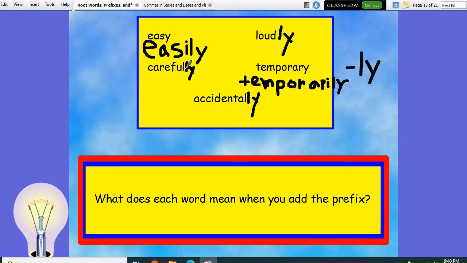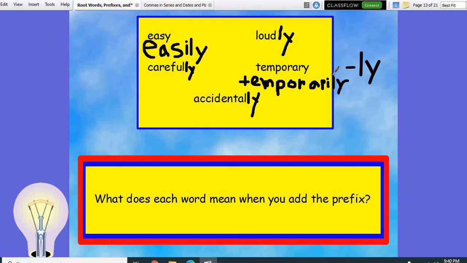Very good. Loudly means you're going to do it in a loud way. Would you talk loudly in the library? No. Could you cheer loudly at a football game? Yes, because that means you're going to do it in a loud way.